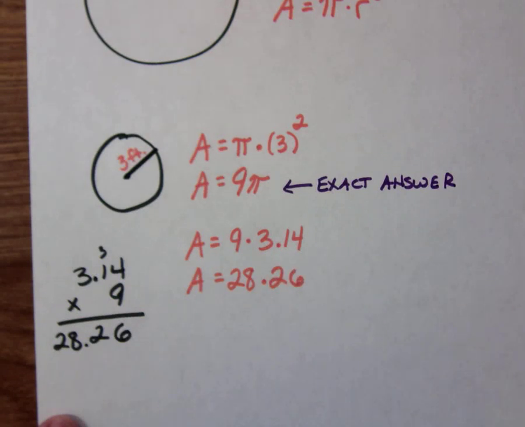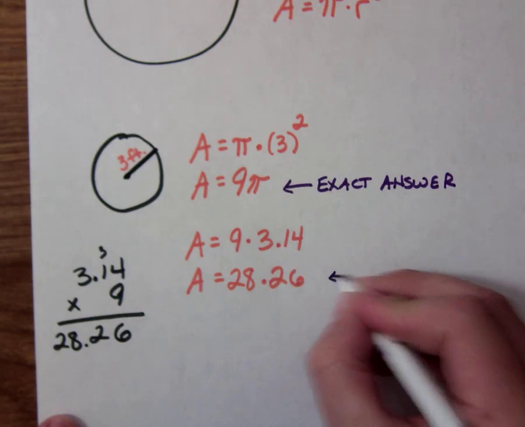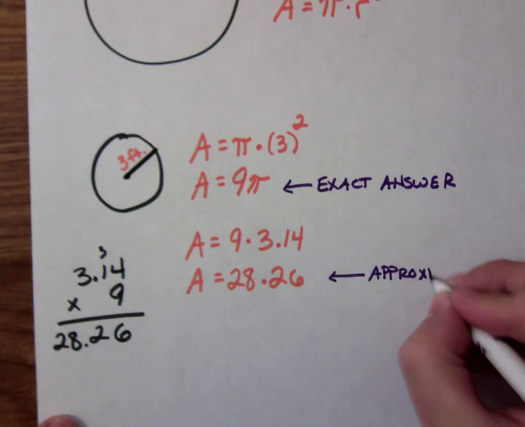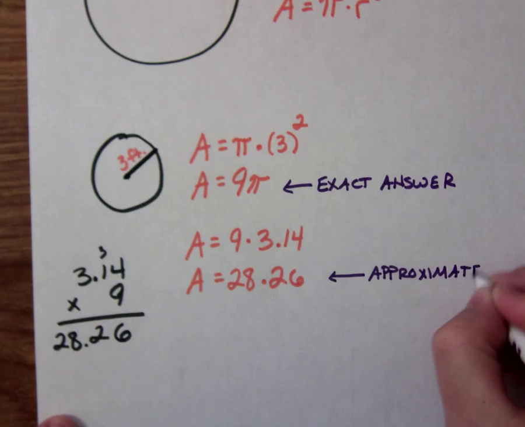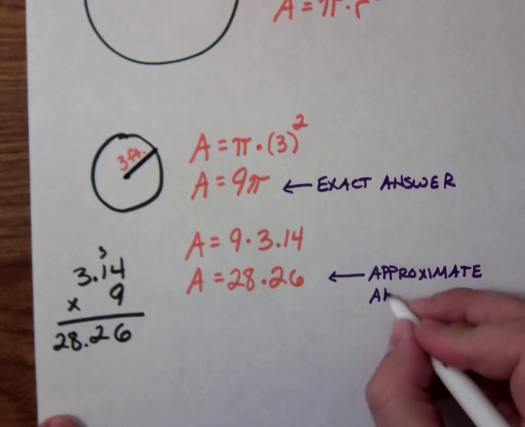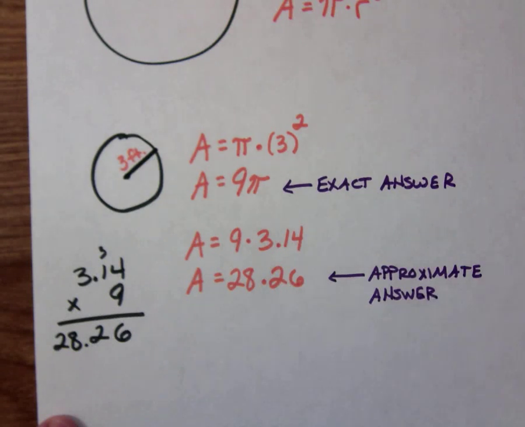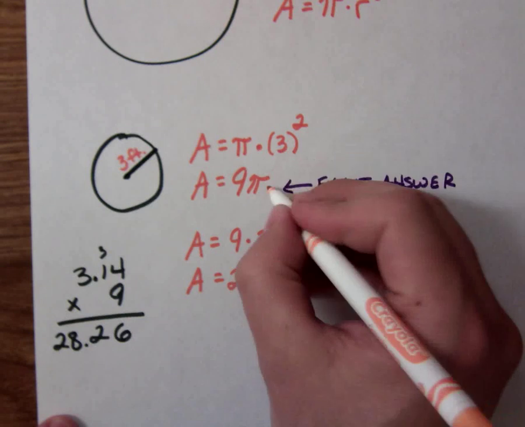That is not an exact answer. That is an approximate answer. The reason it's not an exact answer is because pi is not really 3.14. I was estimating. Radius is half the diameter. In both cases, I need to put my unit here.